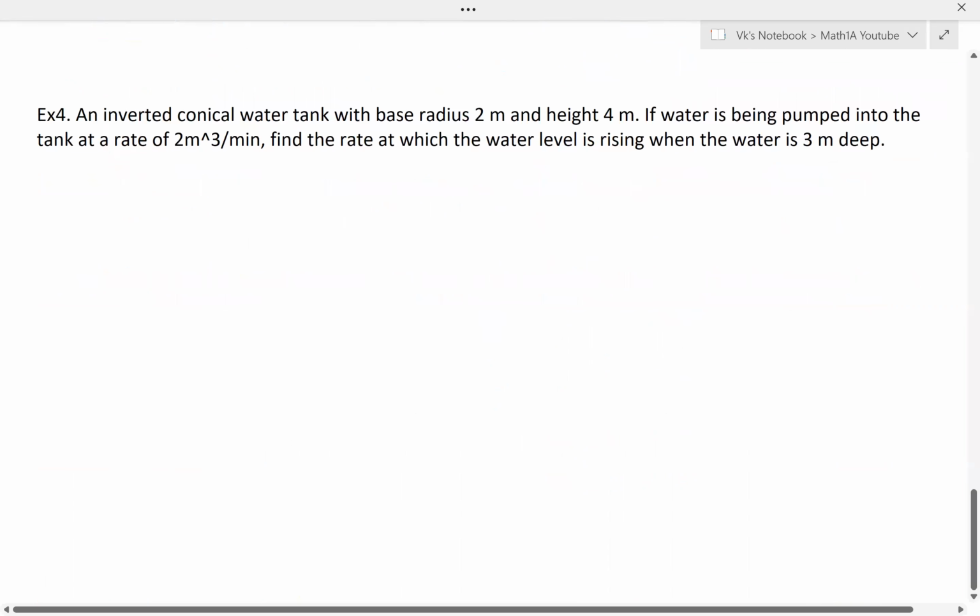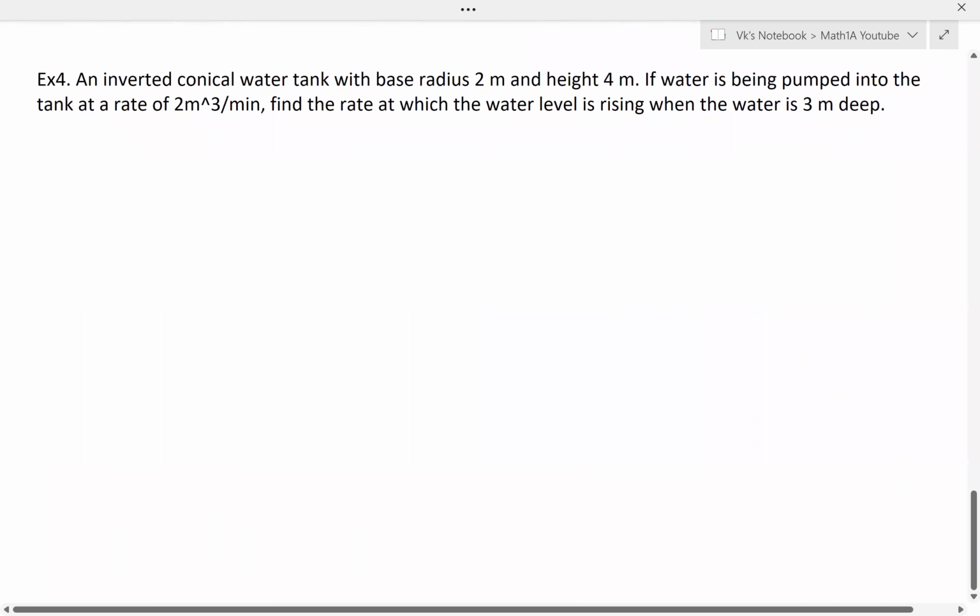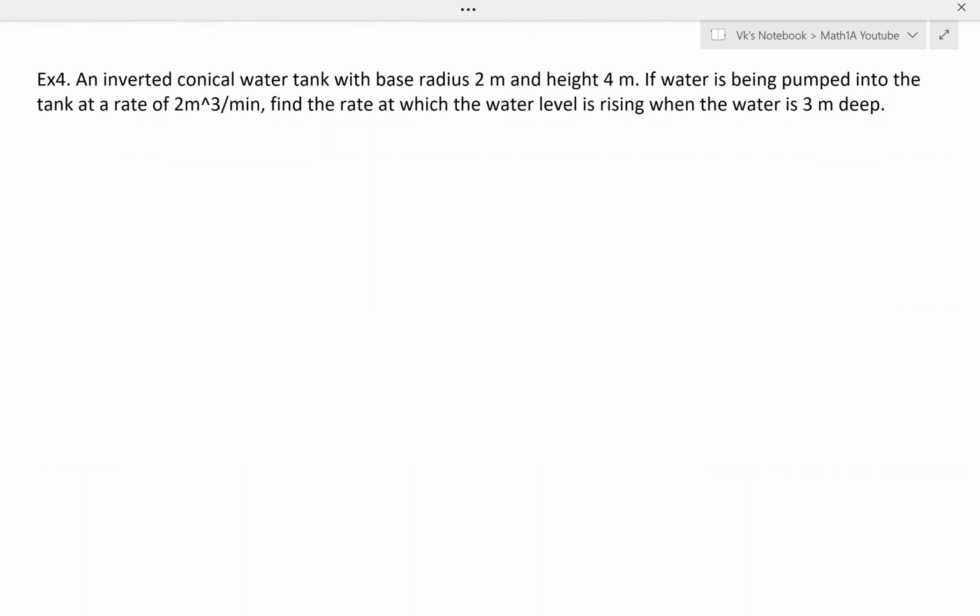Another example. Example number 4. An inverted conical water tank with base radius 2 meters and height 4 meters. If water is being pumped into the tank at a rate of 2 cubic meters per minute, find the rate at which the water level is rising when the water is 3 meters deep. This is the inverted conical tank. The radius is 2 and the height is 4.